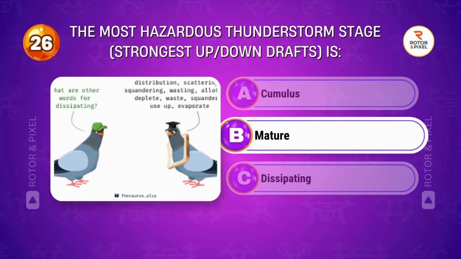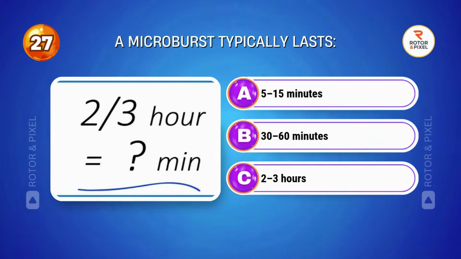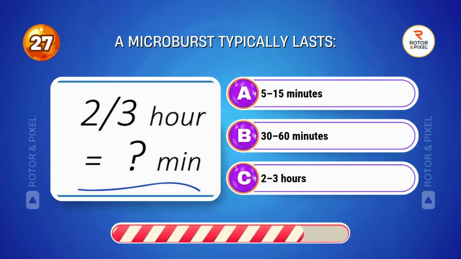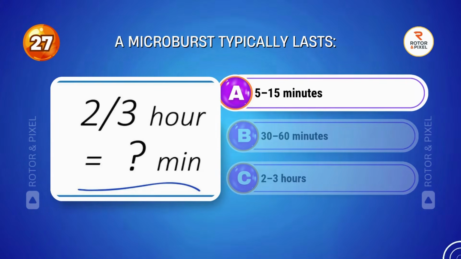Answer B, mature. A microburst typically lasts? Answer A, 5 to 15 minutes.